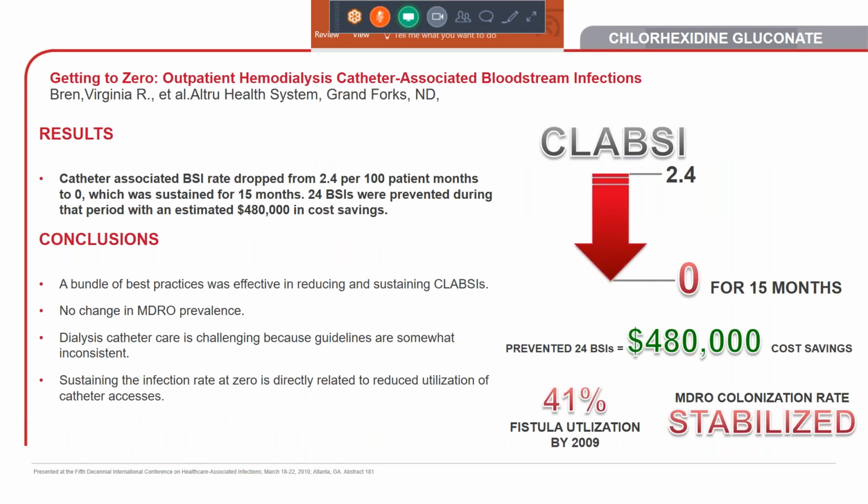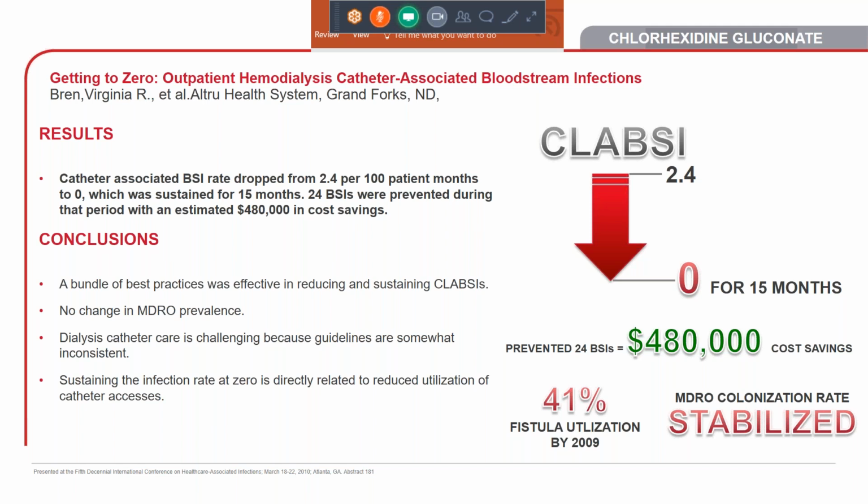Here is their data. They observed their catheter-associated BSI rate dropping from 2.4 per 100 patient months to 0. At the time this was published, this 0 rate had been sustained for 15 months. And they also cited cost savings associated with this reduction to be almost $500,000.